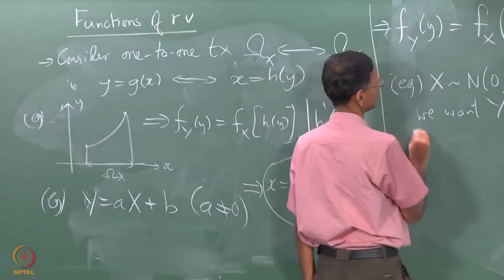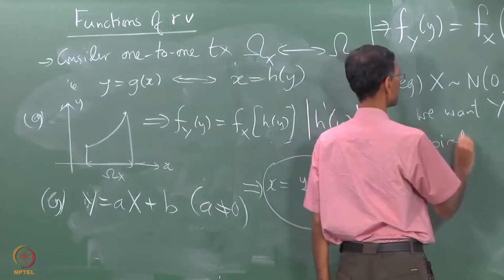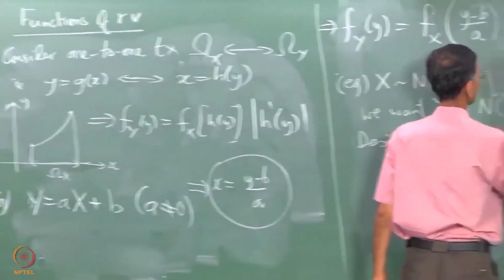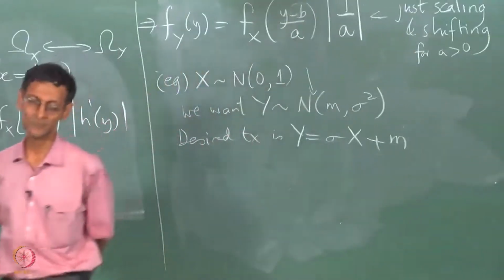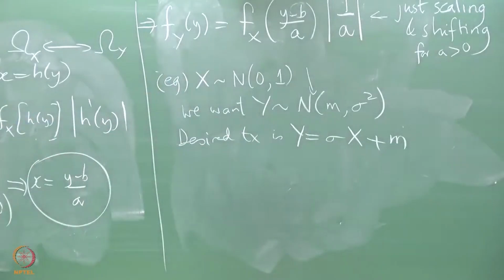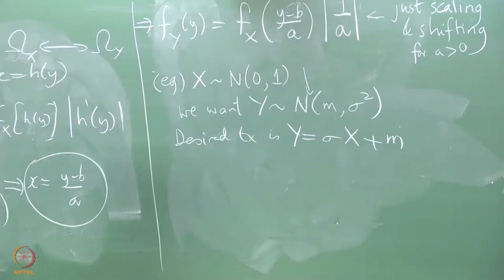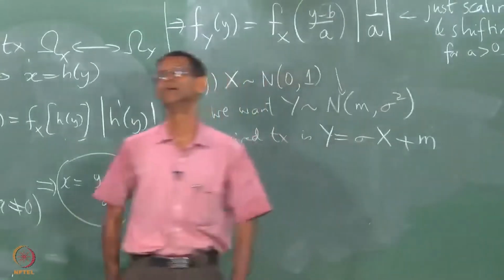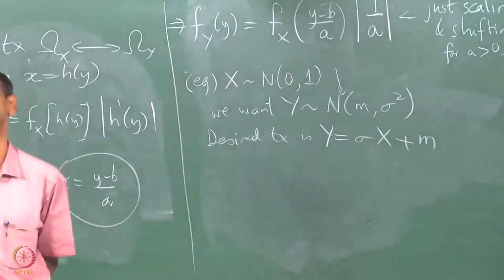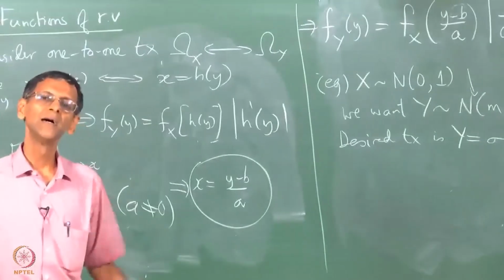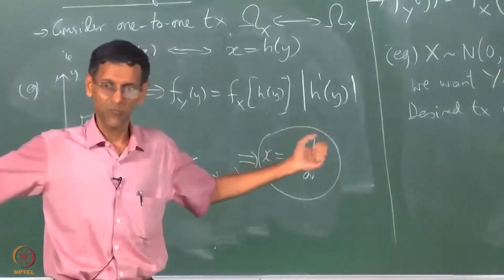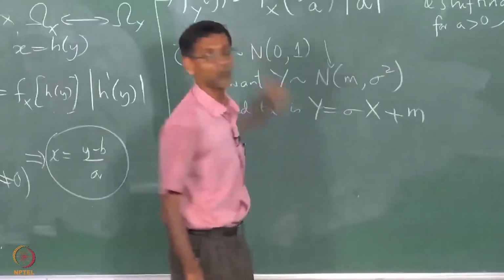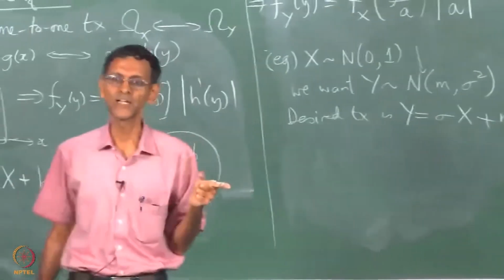So the desired transformation is y equals sigma x plus m. Go back and think about this. This is not sigma squared, it's only sigma. The more the sigma, the more the spread of y, and that 1 by sigma will come in the PDF of y outside the exponential.